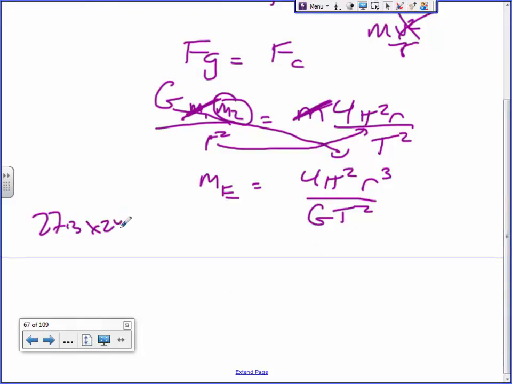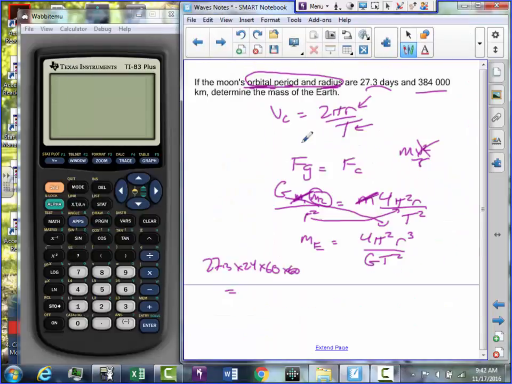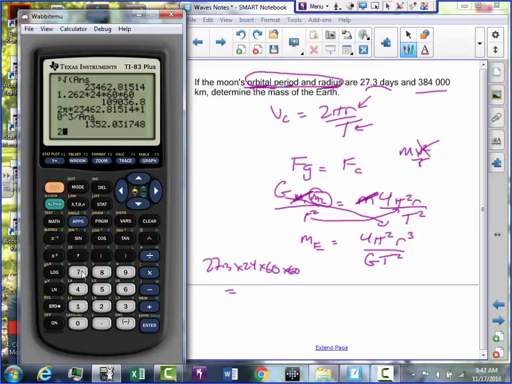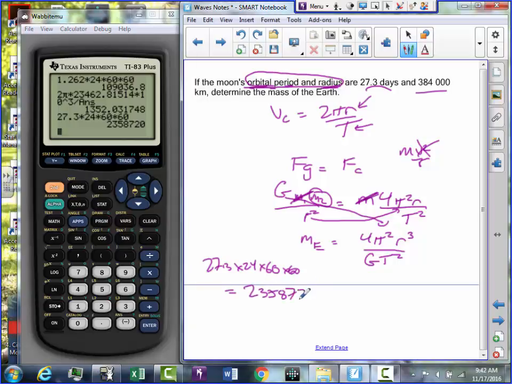27.3 days times 24 hours in a day times 60 times 60. Alright, so that's how many seconds it takes for the moon to go around the Earth. And then you also need to know the kilometers. I think for this one here, I'm just going to add 3 more zeros when I'm done though.